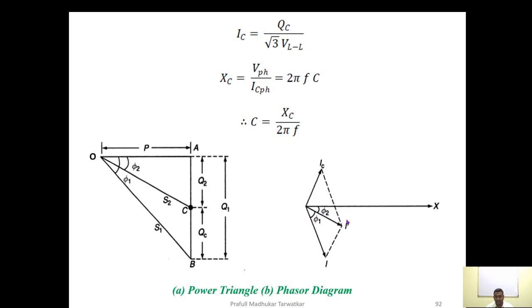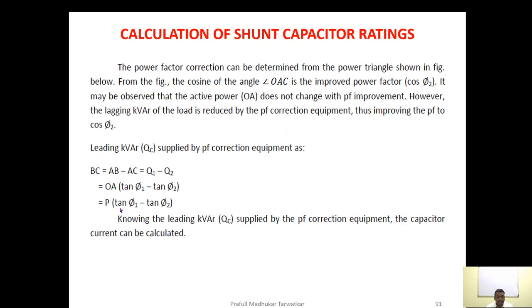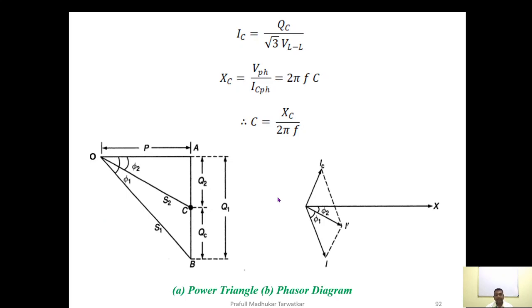So it is V and I dash, the power factor angle is phi 2, hence the power factor is improved. So taking tan phi 1 and tan phi 2, taking their difference, and multiplying it with the overall power rating, we can get the required kVAR to be supplied by the corresponding capacitors.